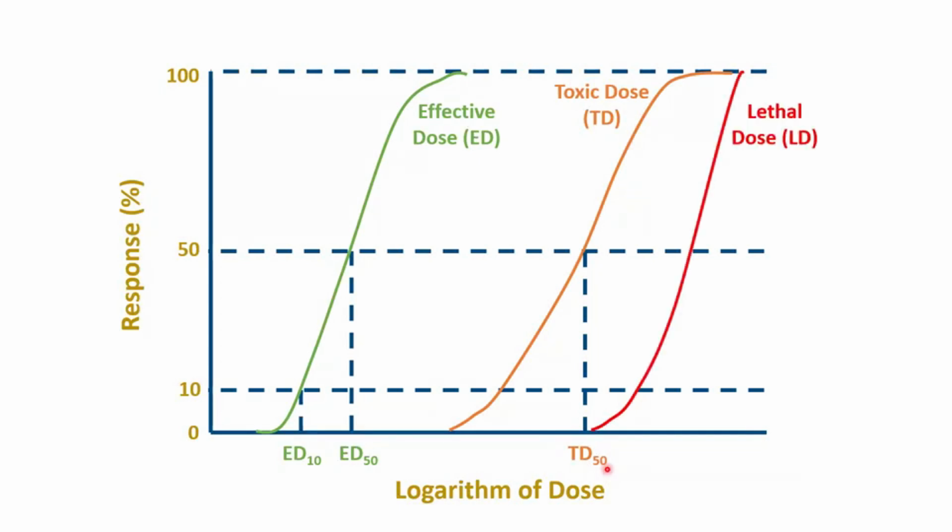Finally, another curve we could show is the lethal dose curve. Of course here the response we're looking at is death in the population. And so again, another common way to quantify that would be looking at the LD50, or the lethal dose for 50% of the population.